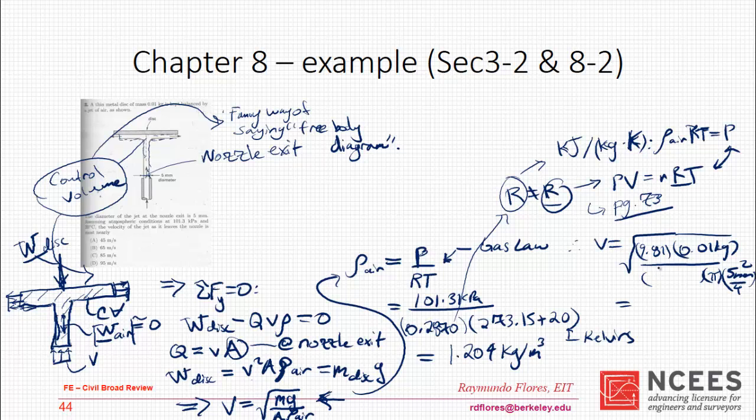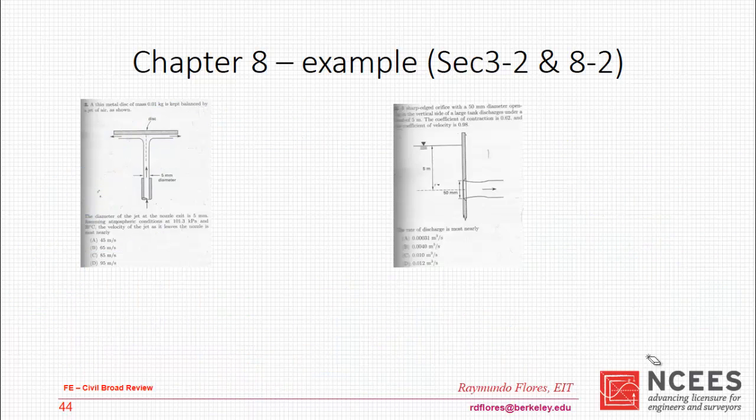So it says a sharp-edged orifice with a 50 millimeter diameter opening in the vertical side of a large tank discharges under, I think it says, a head of 5 meters. The coefficient of contraction is 0.62 and the coefficient of velocity is 0.98. So let's go back to what the equation says.